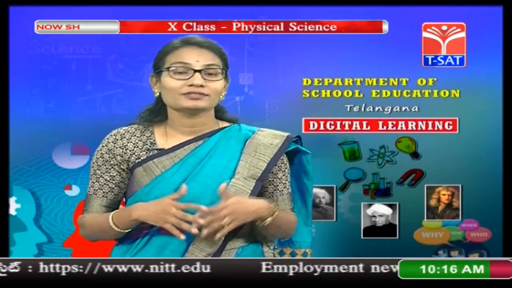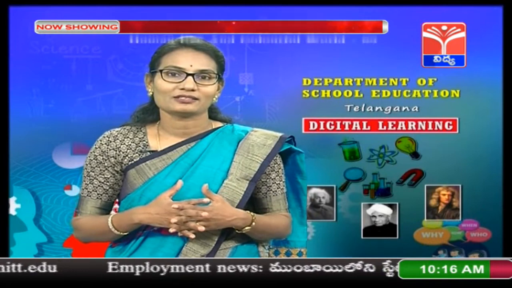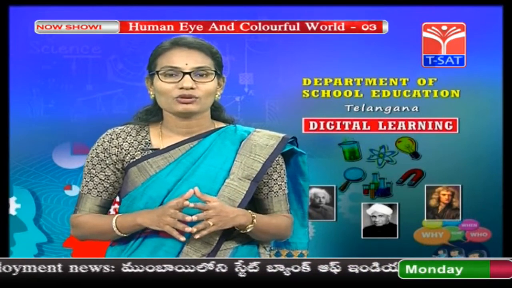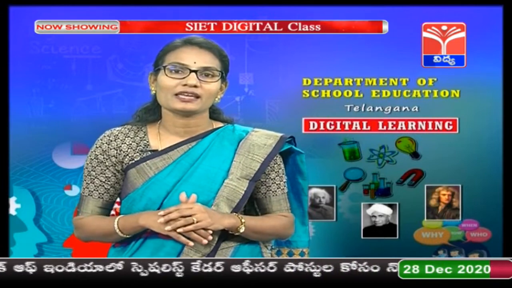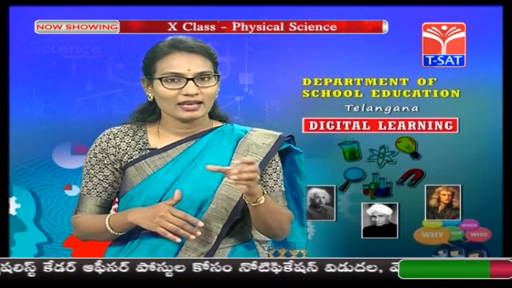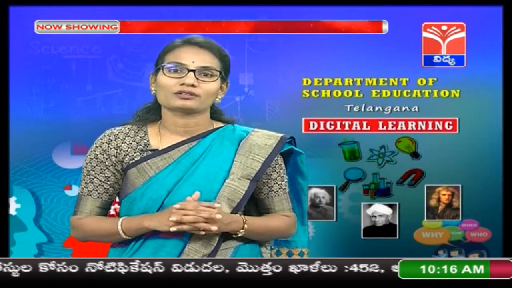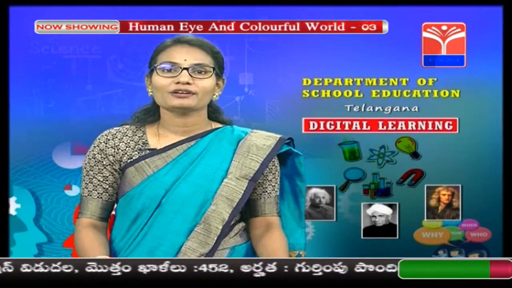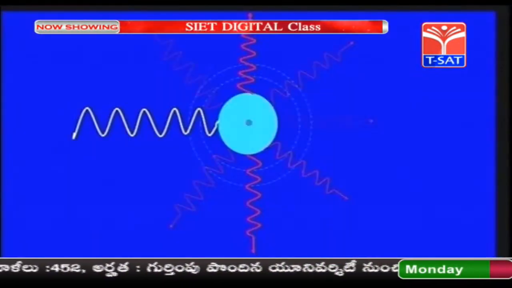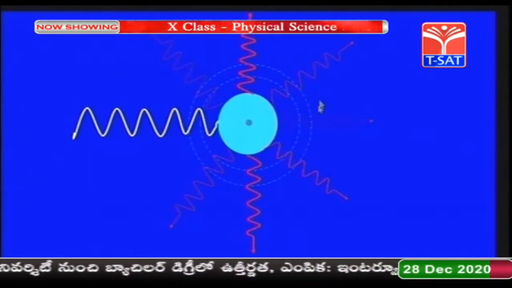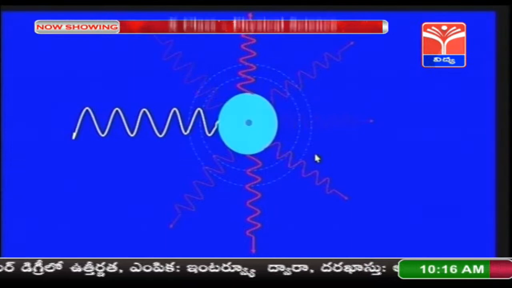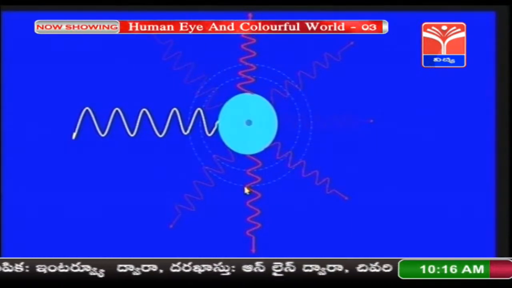In the evening, the intensity of light is very less. So you can compare like that. High intensity means more energy transmission through a cross-sectional area. Low intensity means less energy transmission through the cross-sectional area. So here also, the light rays scattered from the atom in all directions have different intensities.